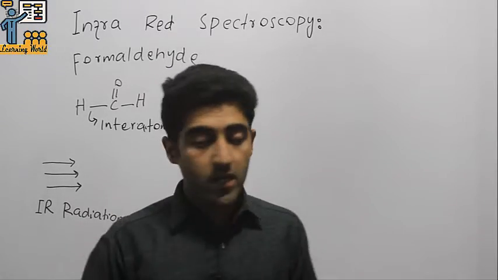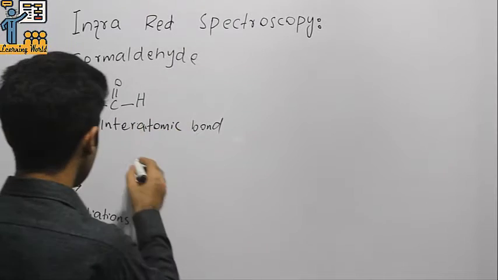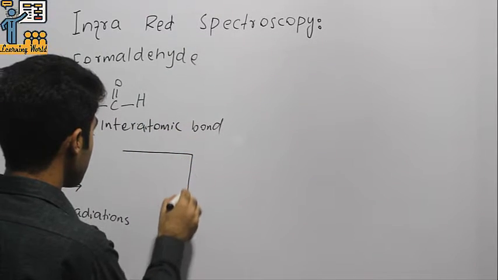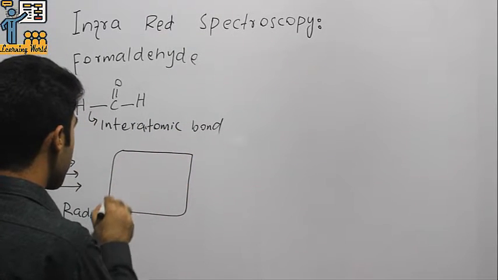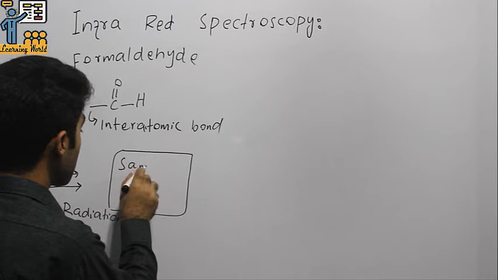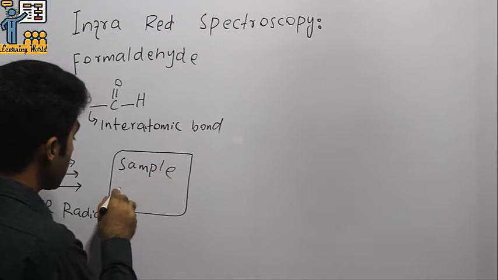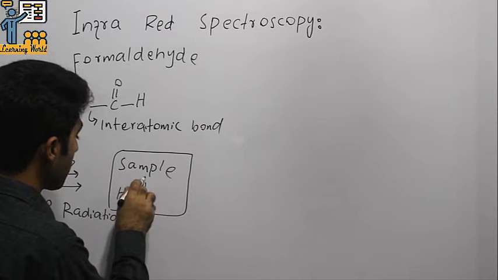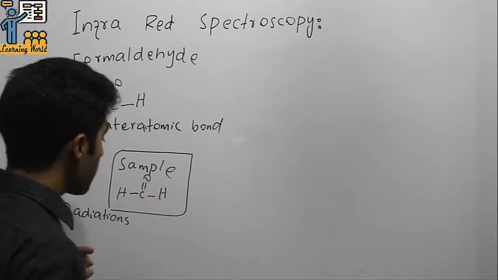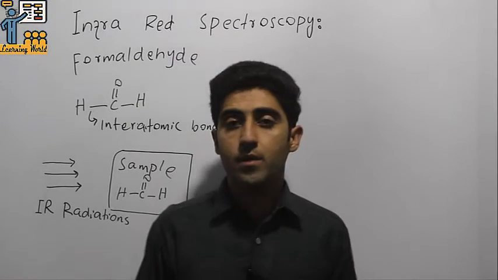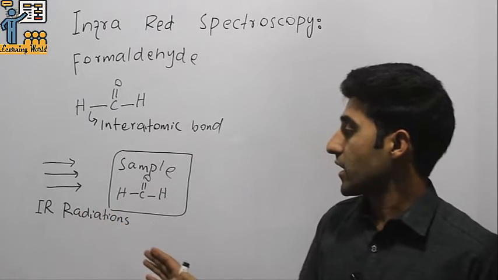Here the sample is placed in front of this radiation. This is the sample, for example, formaldehyde. This formaldehyde is placed in front of the infrared radiation.